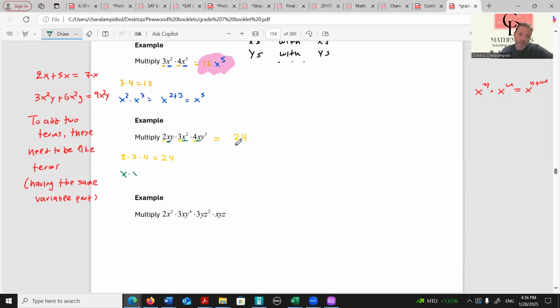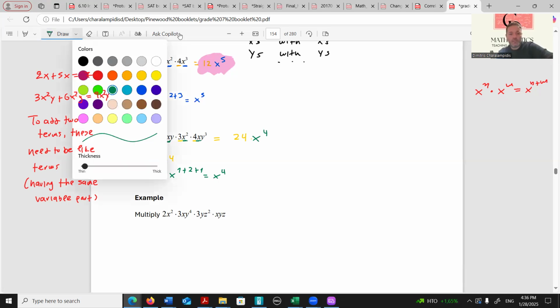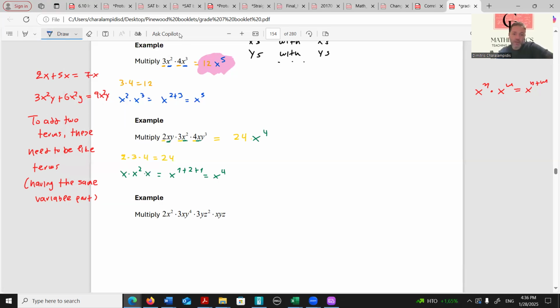X times x squared times x cubed should be the same as x to the 1 plus 2 plus 3, so it should be x to the power of 6. And finally, the y's together. Y from the first term; the second term does not include any y, so we skip that, times y cubed, which would give y to the power 4. And that is the answer we were looking for: 24, x to the power 6, y to the power 4.